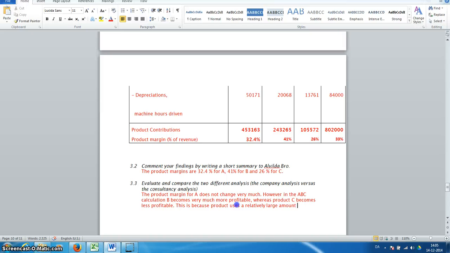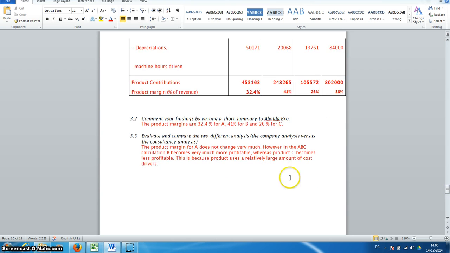So it's a more precise picture of how much it actually costs to make one unit of product C. So that's what we have found.